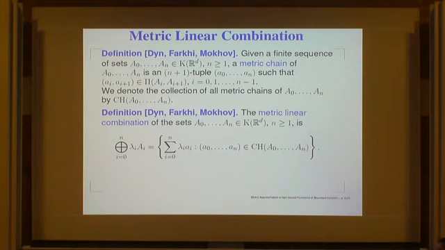Of course, it's more complicated in other examples. Here the images are convex, so it will not change the linear combination, but I just want to show you how metric chains are built. If I take a point here, then the metric chain will be just a constant, going like this. But for example, if I take a point here and start to build a metric chain, then I will go to this point first, right?